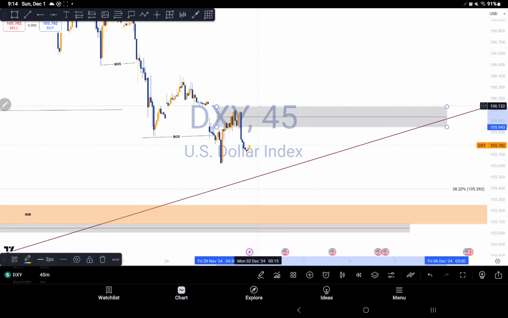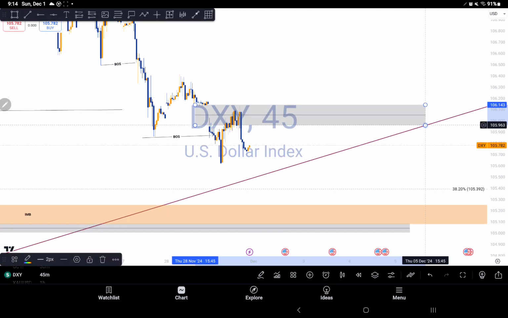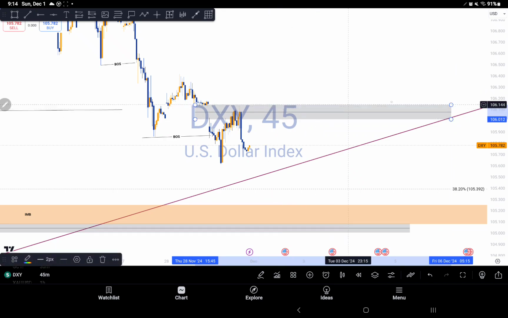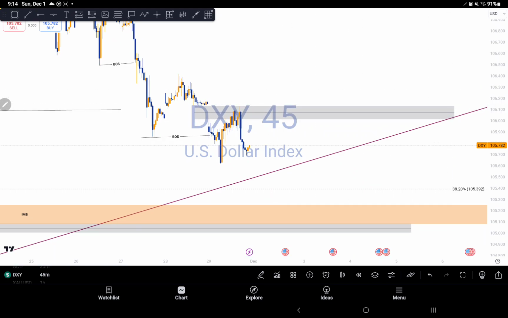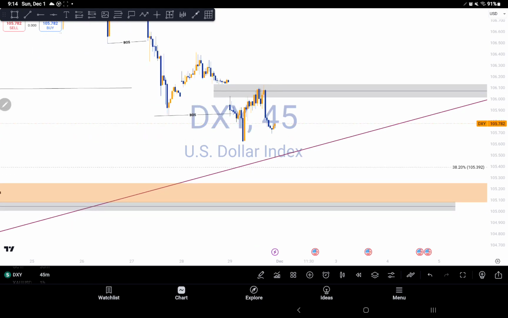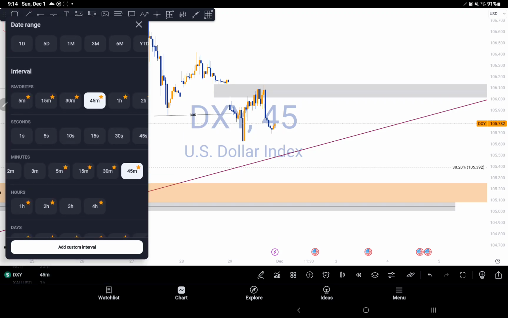Let's refine this. Yeah, definitely a bear run. We can see this beautiful candlestick right here, right? So it might come over here to break this previous one because this one wasn't broken. So let's see the 30-minute time frame.